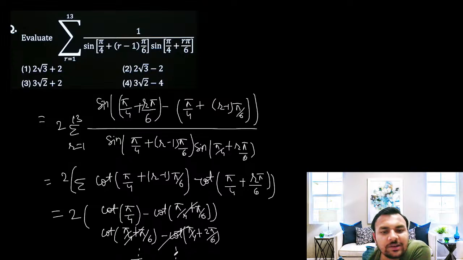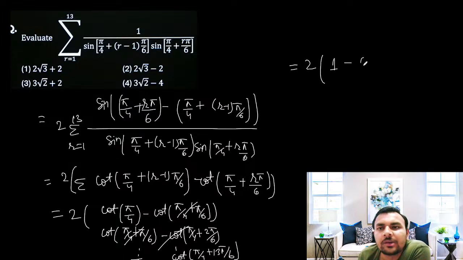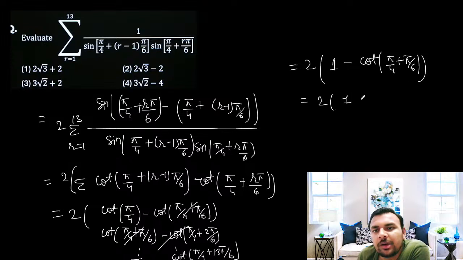So we are left with the last term, which is cot (pi by 4 plus 13 pi by 6). If you go here, it is nothing but 2 times cot pi by 4, which is 1, minus cot of pi by 4 plus 13 pi by 6. 13 pi by 6 is nothing but 2 pi plus pi by 6. So pi by 4 plus pi by 6. This is 2, 1.